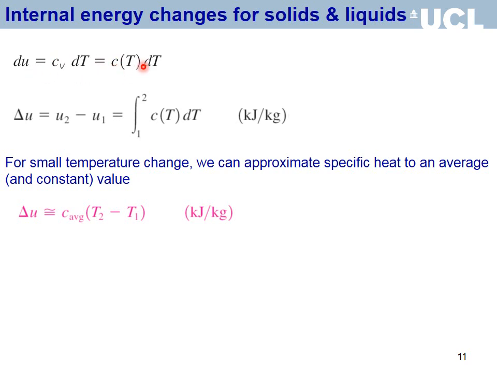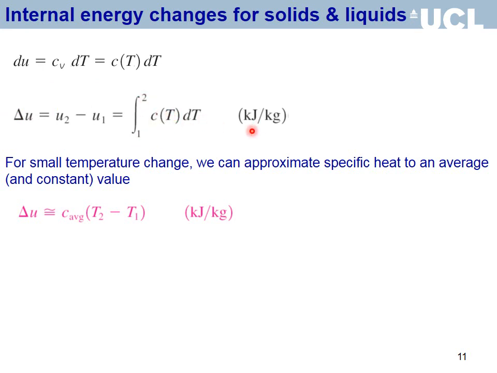And of course, for solids and liquids as well, C is a function of temperature only. So I can write du as equal to C as a function of temperature times dT. And if I integrate this between two states, 1 to 2, I get u2 minus u1, which is delta u, as the integral from 1 to 2 of C(T) times dT.